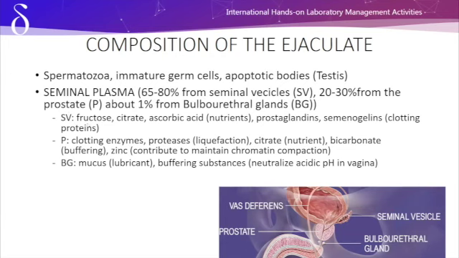Seminal vesicles produce substances that have a role as nutrient for spermatozoa, such as fructose, citrate, ascorbic acid, but they also produce prostaglandin and semenogelins that are clotting proteins. So they are involved in the formation of the clot, which is how the ejaculate is at the beginning.